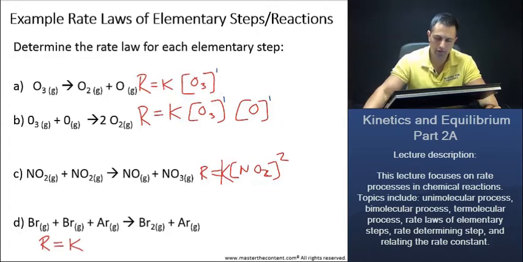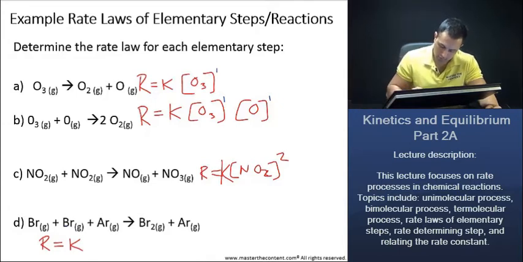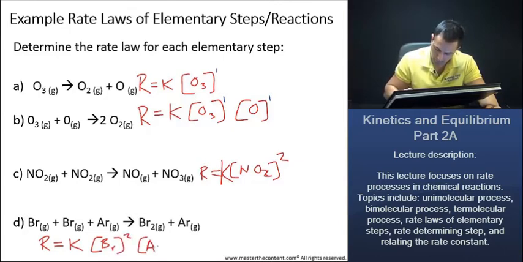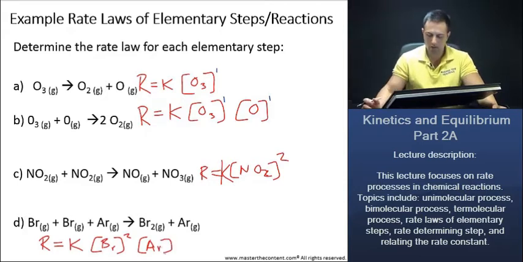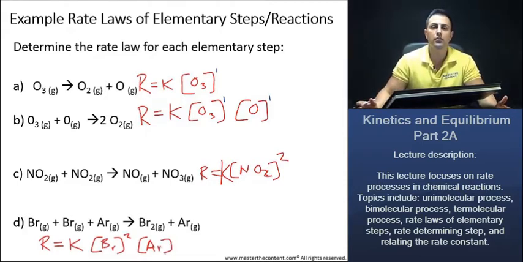What do we have here in our reactants again? We have a bromine and an argon gas, so we can just put bromine to the second power and just place argon there. And that's it. Just as simple as that for the rate law for elementary steps.